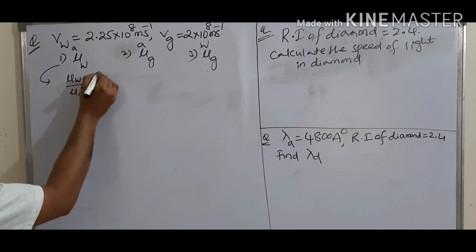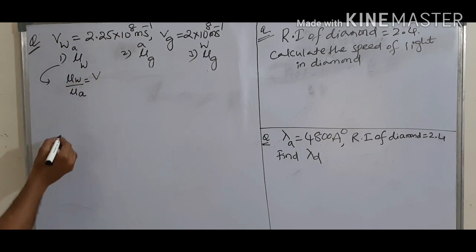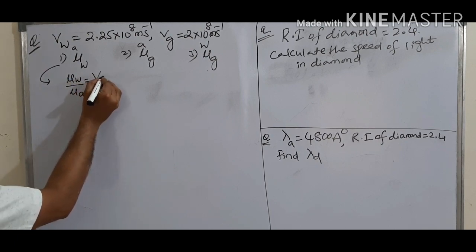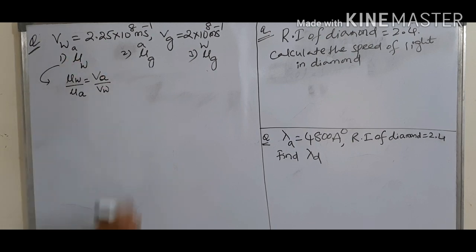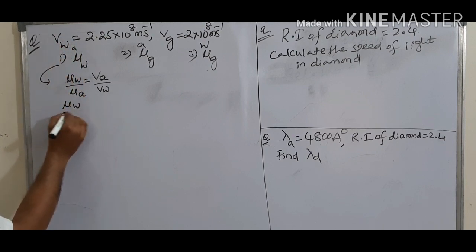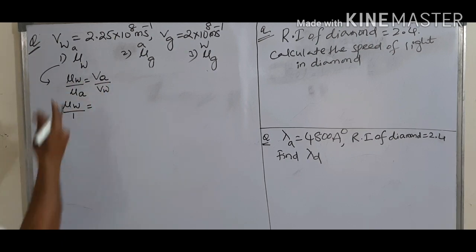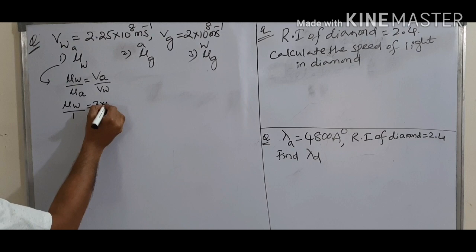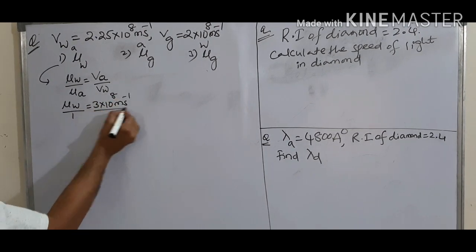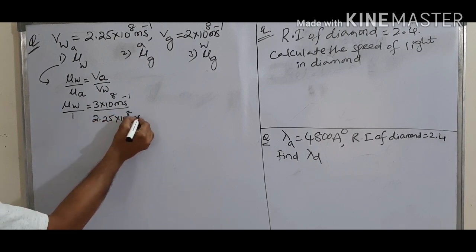We already know mu is inversely proportional to V. So the refractive index of water with respect to air is the speed of light in air divided by the speed of light in water. The speed of light in air is not mentioned because we already know its value is 3 × 10^8 meter per second, and the speed of light in water is 2.25 × 10^8 meter per second.